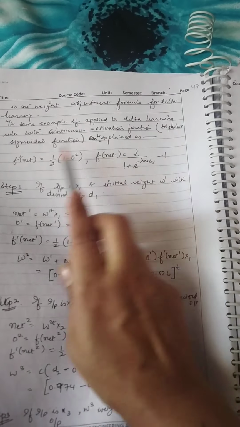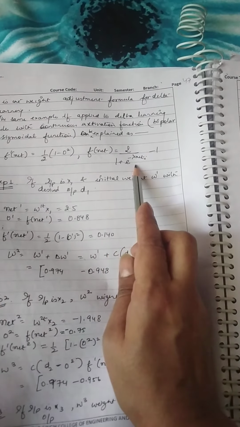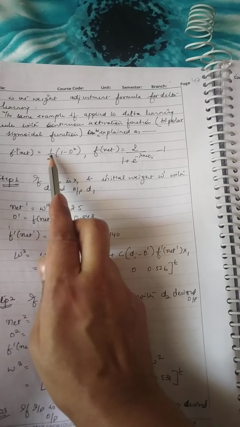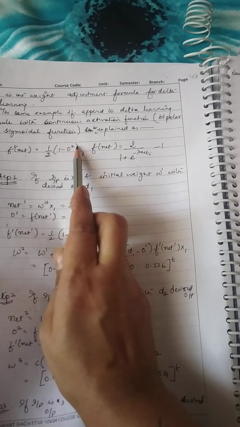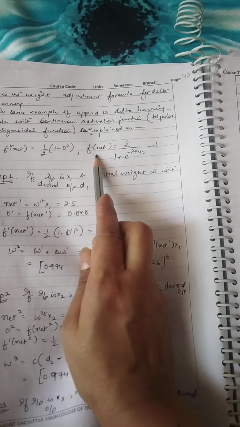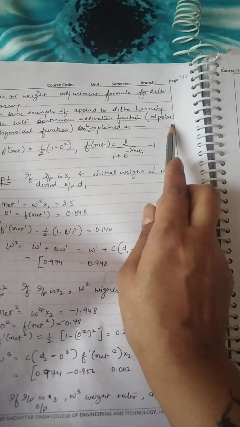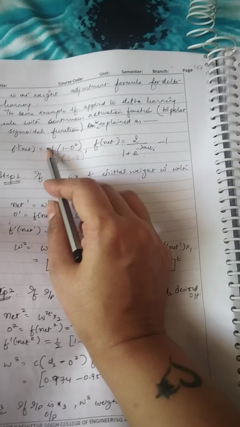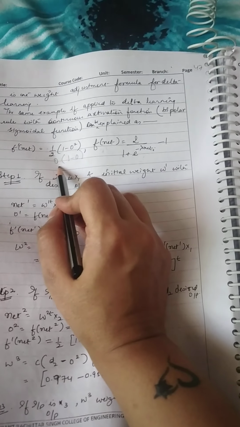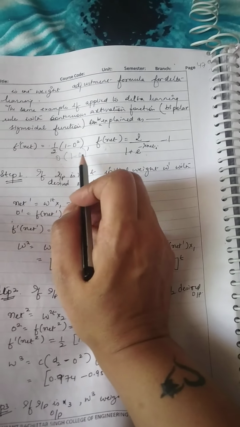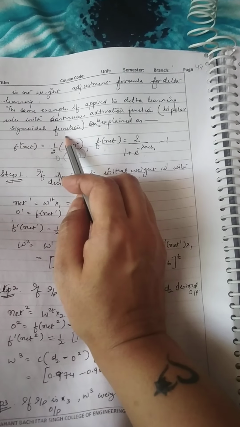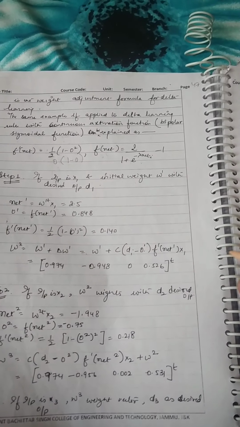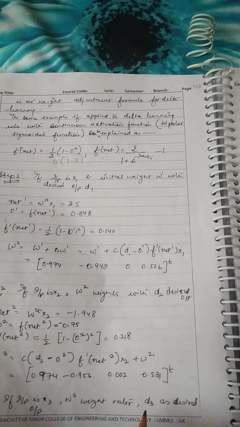For the bipolar sigmoidal function, f of net will be equal to this, and f dash of net is equal to 1 upon 2 times (1 minus o square) in the case of the bipolar sigmoidal function, and in the case of unipolar it becomes o into (1 minus o). Instead of this we have to write this in the case of the unipolar sigmoidal function. Now this is all about the delta learning rule. I'll send you the example and hope you will solve the example very well.